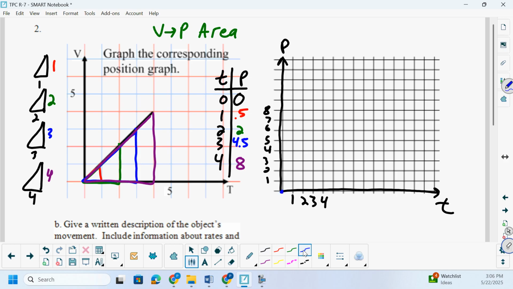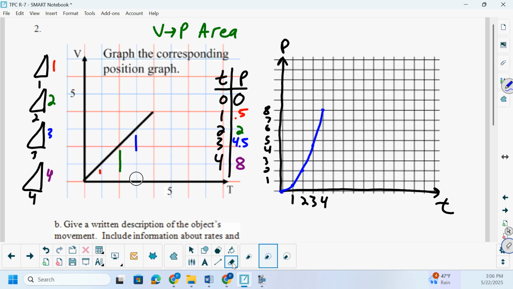And we'll plot those points, 0, 0, 1, 0.5, 2, 2, 3, 4.5, and 4, 8. Notice our position graph is curved, so the slope is constantly changing. And that's consistent with our velocities over on our left. Our velocities were constantly changing.